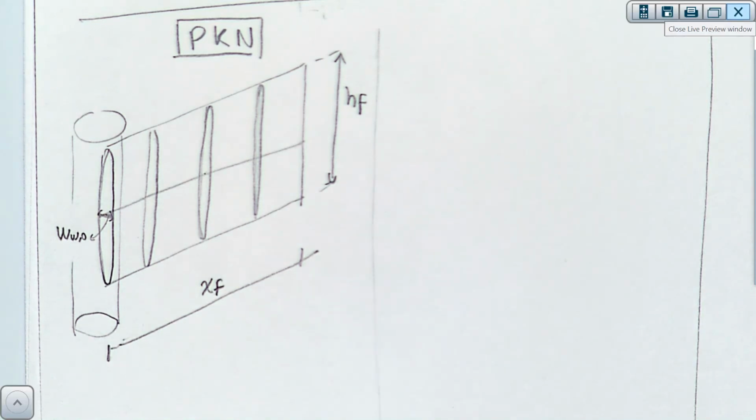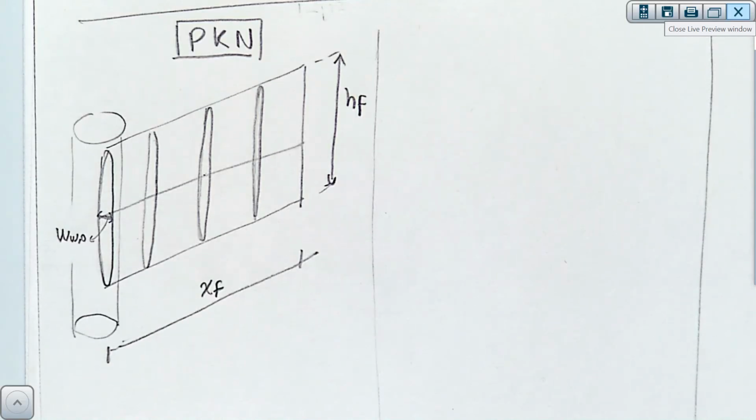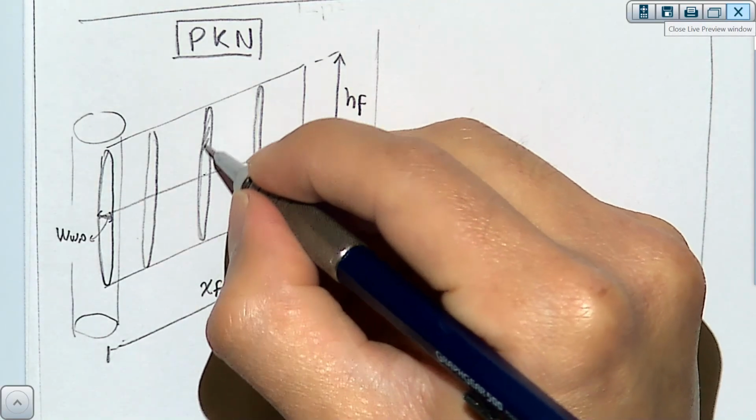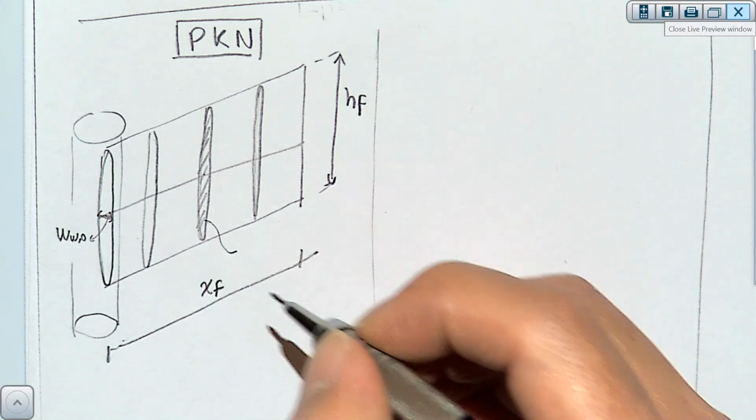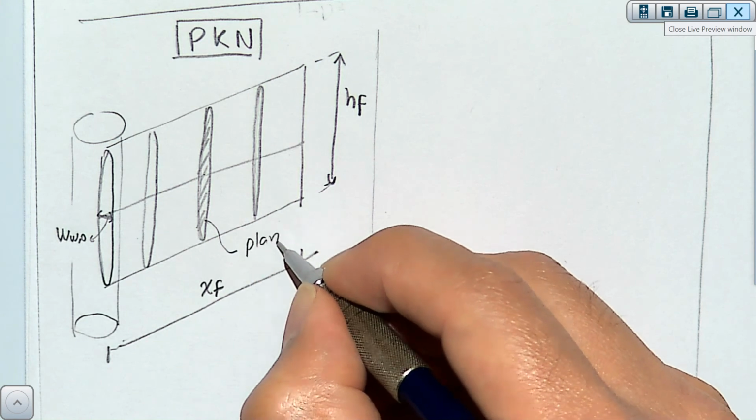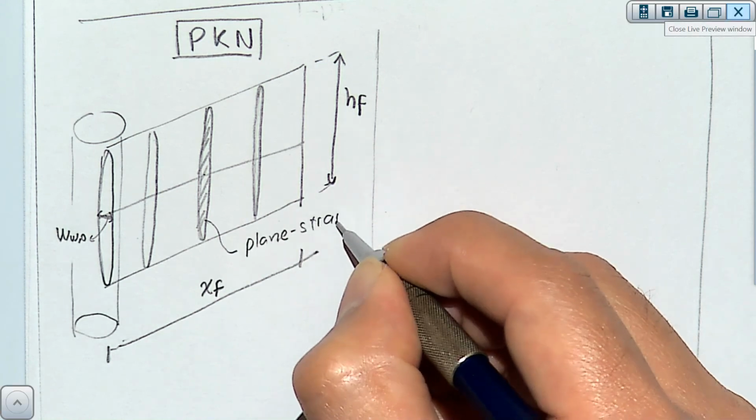And what this model applies, hopefully you will remember when we talk about this, is that it assumes that if you take a cross section of the fracture, that's subjected to something that we call plane strain.